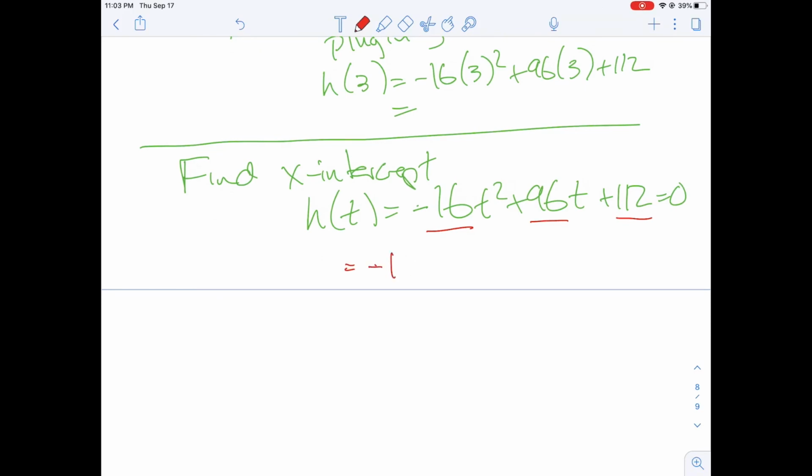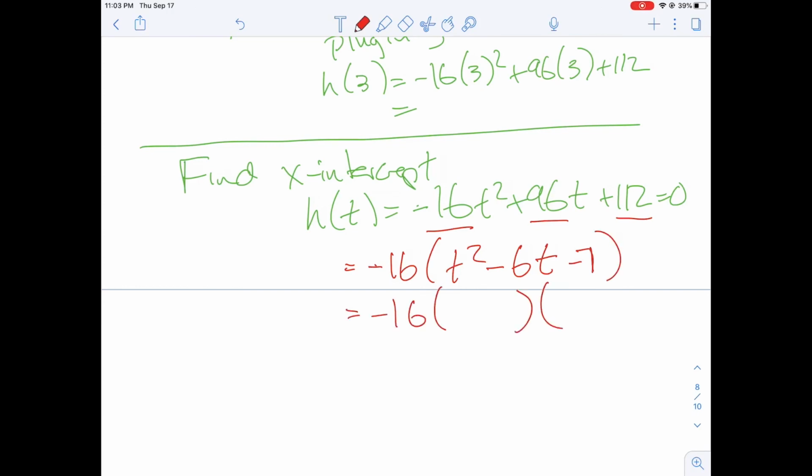So if you want to solve this, you can factor out the negative 16, and you're left with t squared minus 6t minus, well, 7 times 16 is 112, so that's 7.